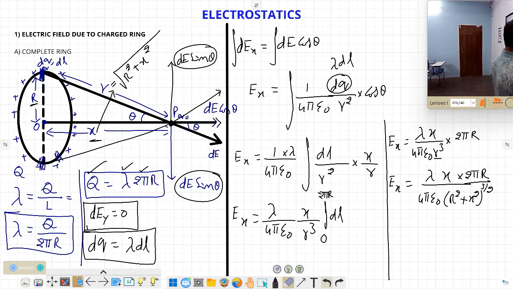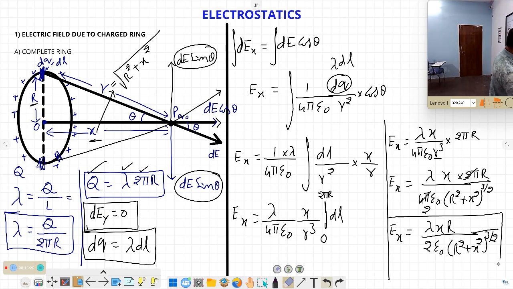We can cancel 2 pi, so the electric field along the x-axis is lambda x r by 2 epsilon naught into r square plus x square whole power 3 by 2.